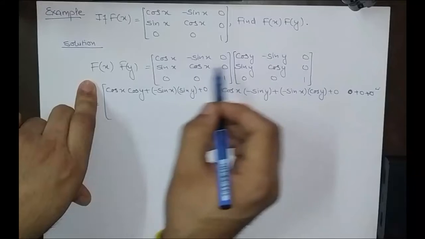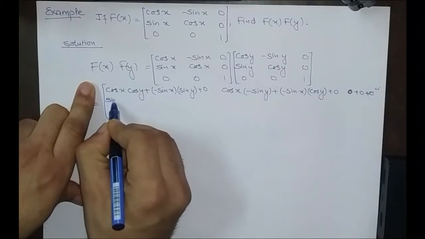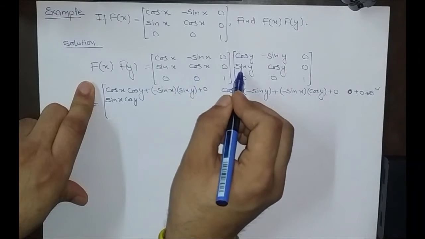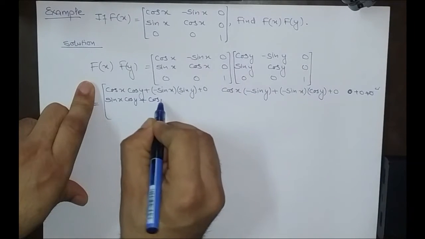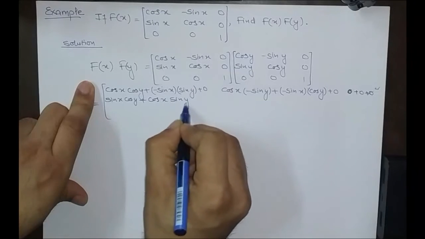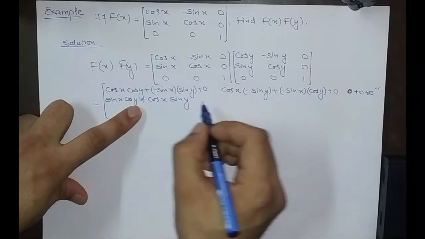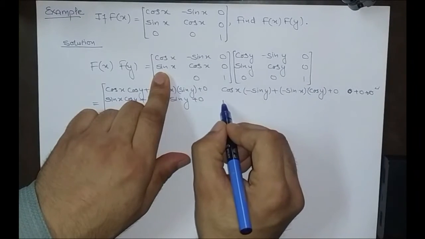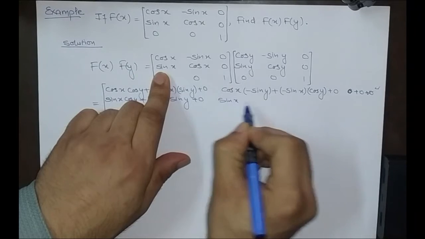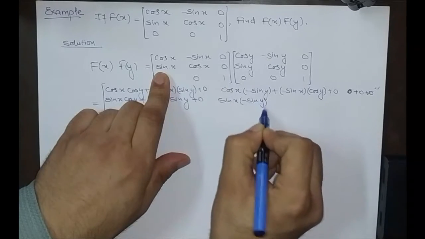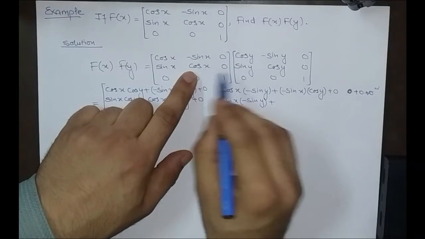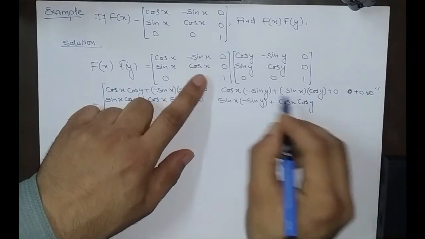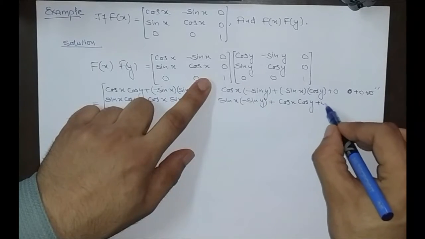Now sin x into cos y, cos x into sin y, 0 into 0, 0, sin x into minus sin y plus cos x into cos y, 0 into 0, 0.